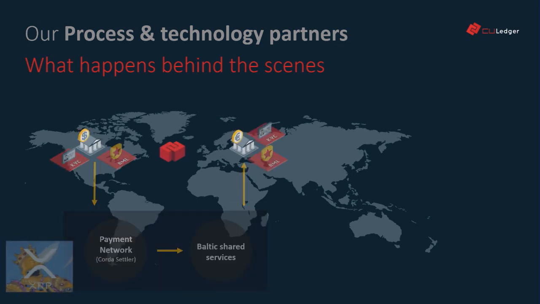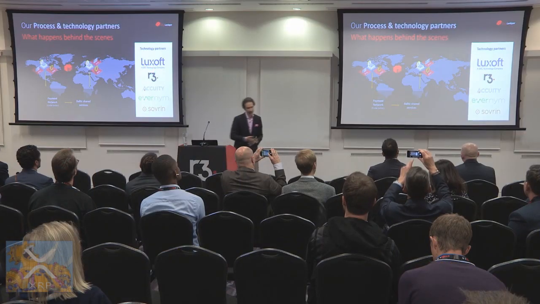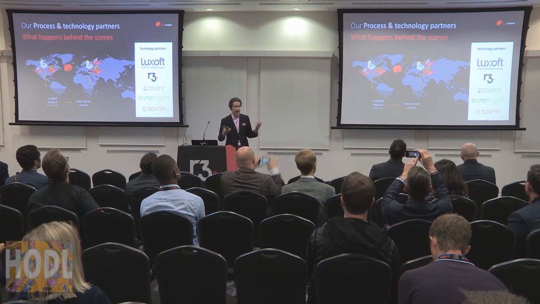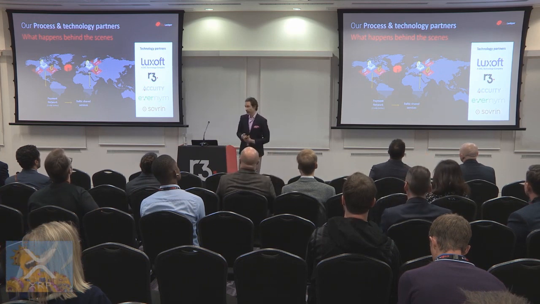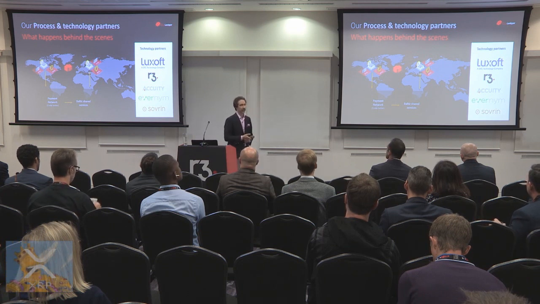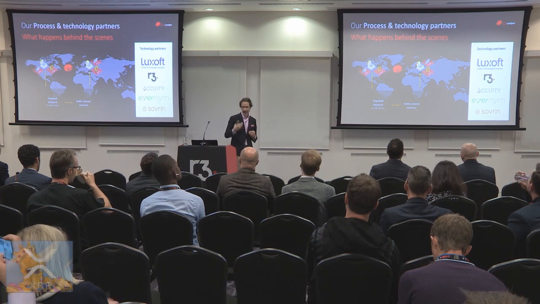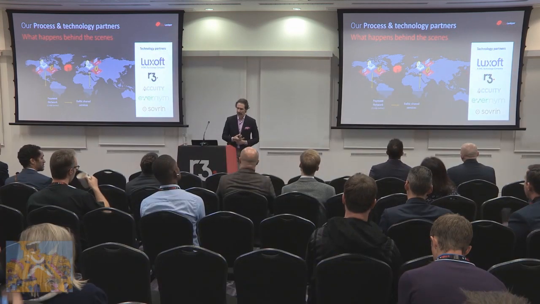Essentially, what's going on here is we partnered up between different providers. Obviously, Corda Enterprise and Corda Settler are a very important component of what we do. We also work with Acuity. Acuity does an AML Oracle on Corda Network, so you can do AML and get verifiable states about that AML check.